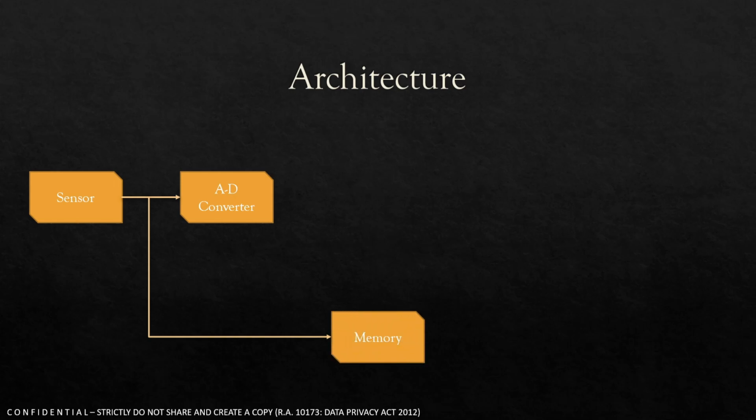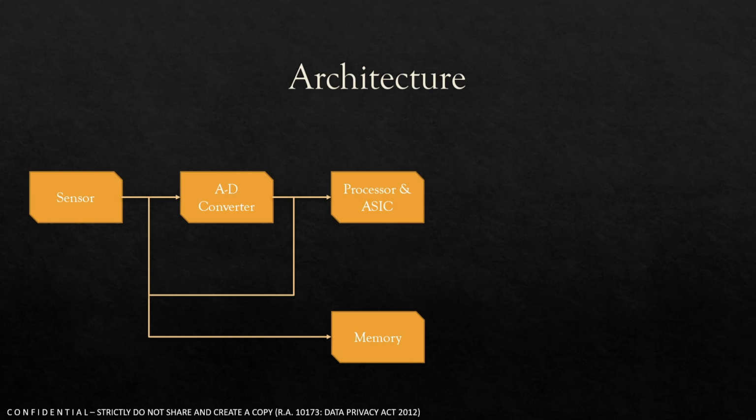Next, once the data is processed in the AD converter, it may go to the processor and ASIC, or what you call the application specific integrated circuit, or maybe it will loop again to the AD converter, then proceed to the memory.